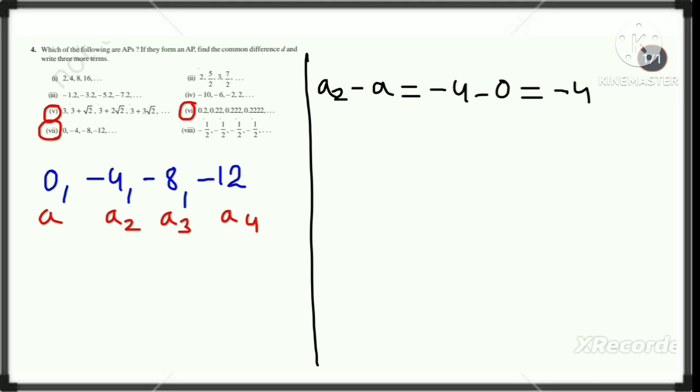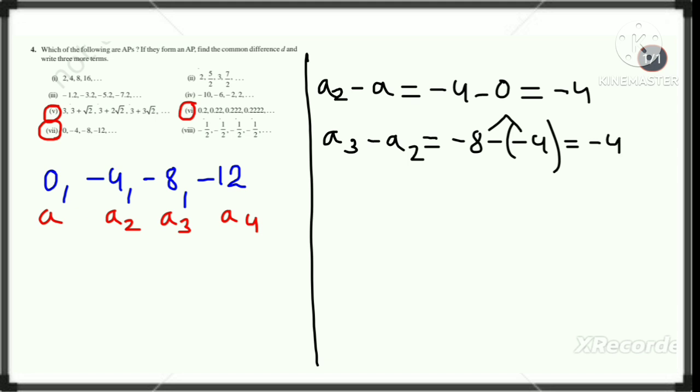Now let's find the difference between A3 and A2. A3 equal to minus 8 minus A2 equal to minus 4, and here minus into minus is plus, so plus 4. After getting subtracted from minus 8, we obtain the difference between A3 and A2 is again minus 4.